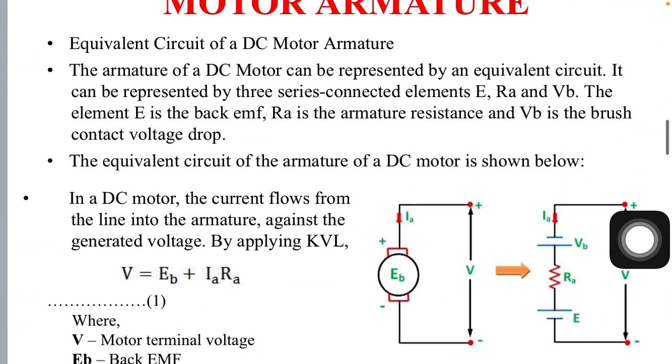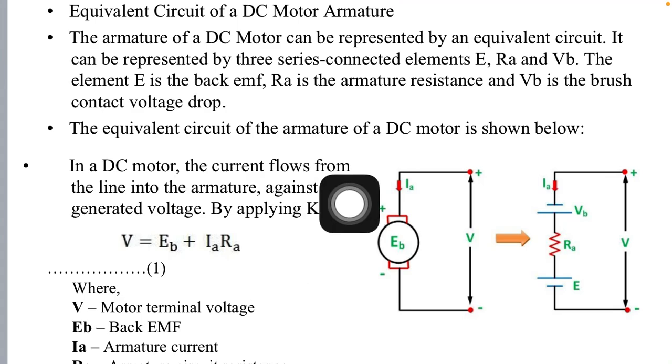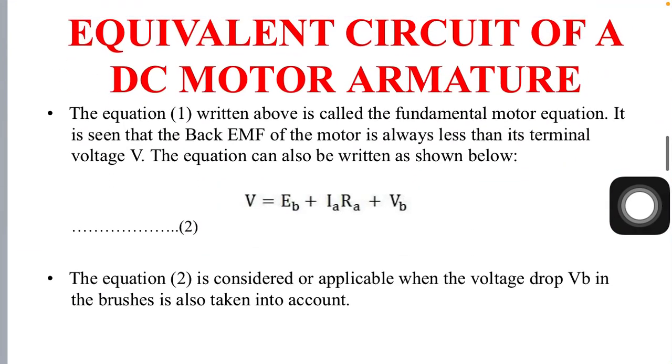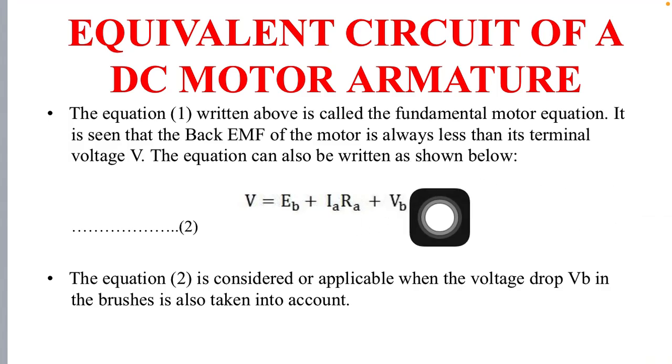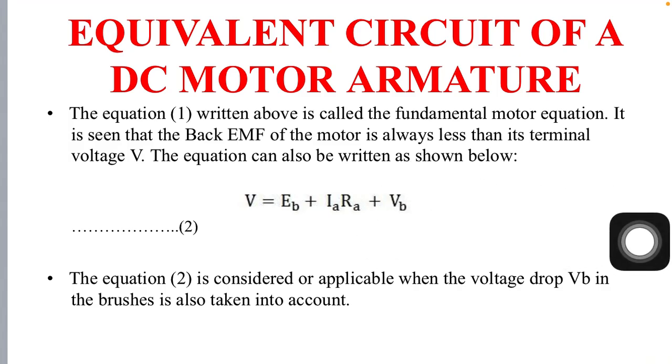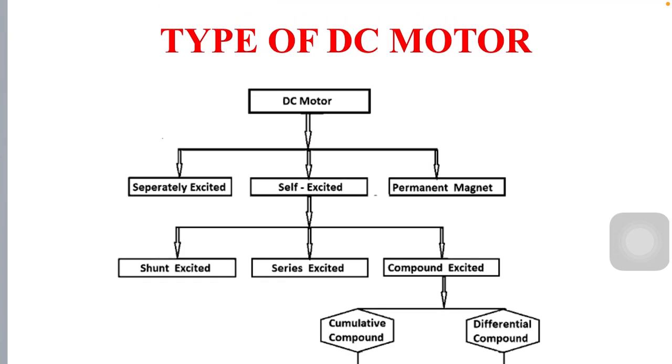In the first case we are not considering the brush voltage, but actually there is a brush voltage drop, so in general we can eliminate it. Equation 2 is applicable when the voltage drop in the brush is also taken into account.